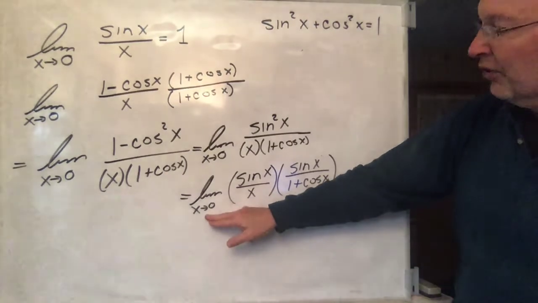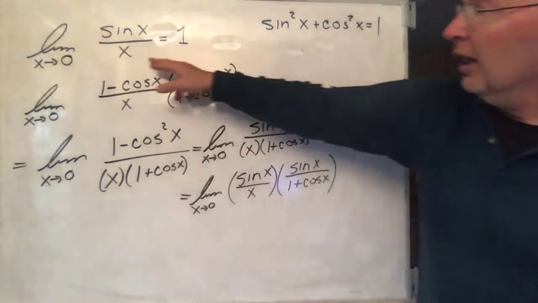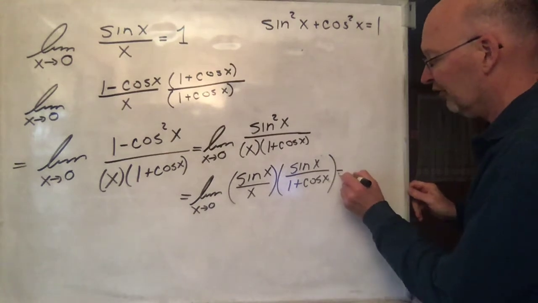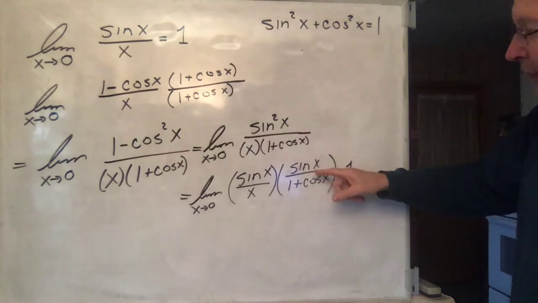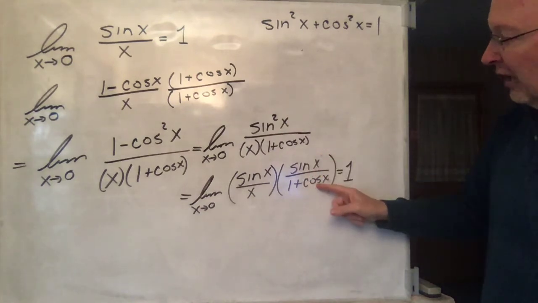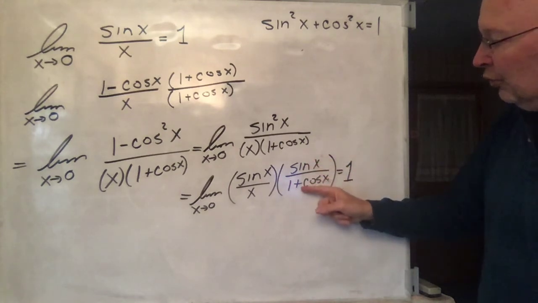As x goes to 0, what happens to sine of x over x? Aha, we know what happens to it. It approaches 1. So the first thing is going to approach 1. And the second thing, what happens here? The sine of x approaches 0. Cosine of x approaches 1. 1 plus 1 is 2. 0 over 2 is 0.